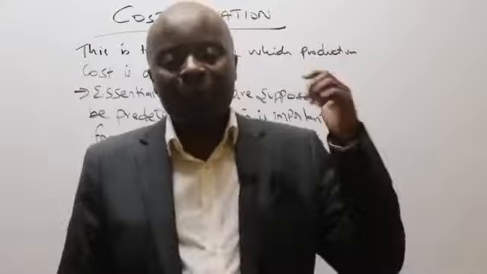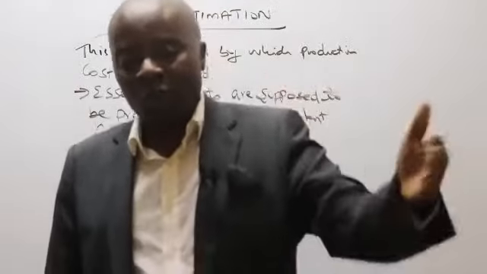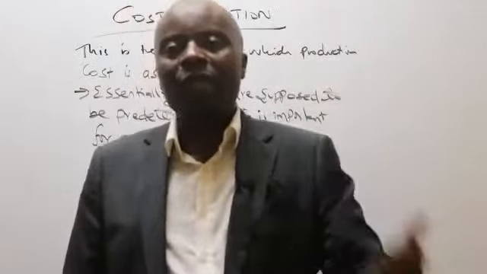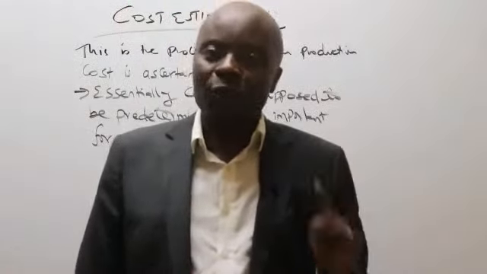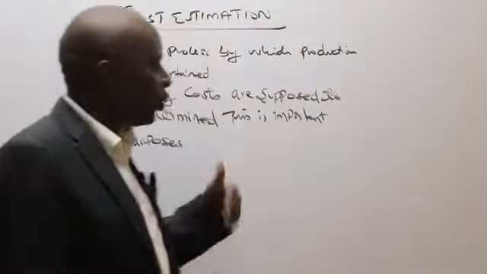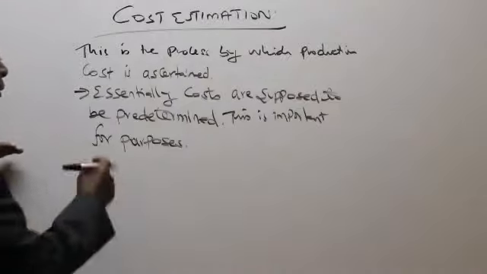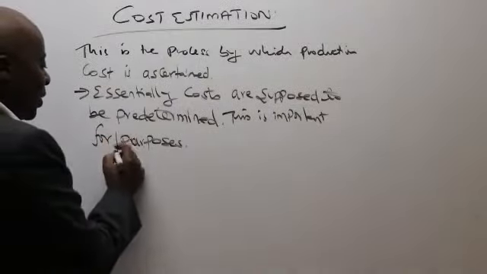So it will be very important for us to estimate our production cost in advance for various reasons. But the most important reason is that if you're able to know the cost in advance, it will be very important for pricing purposes.